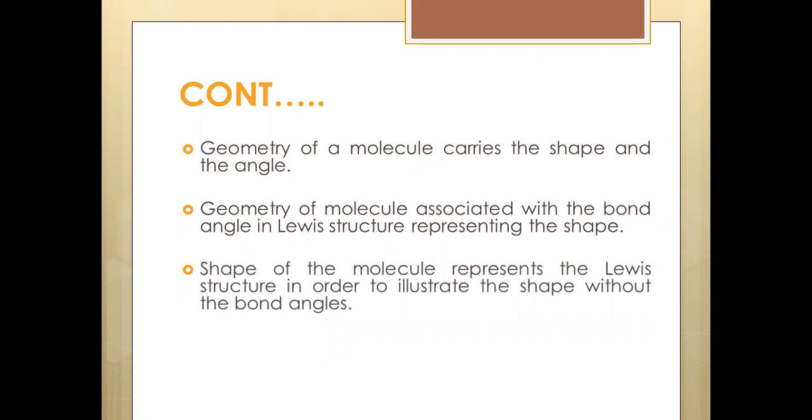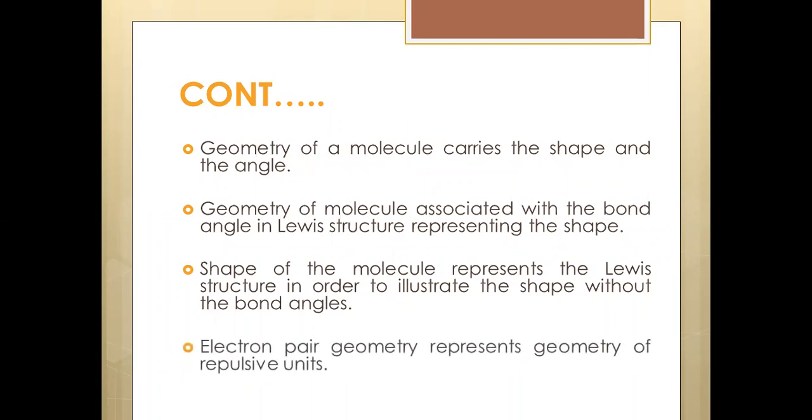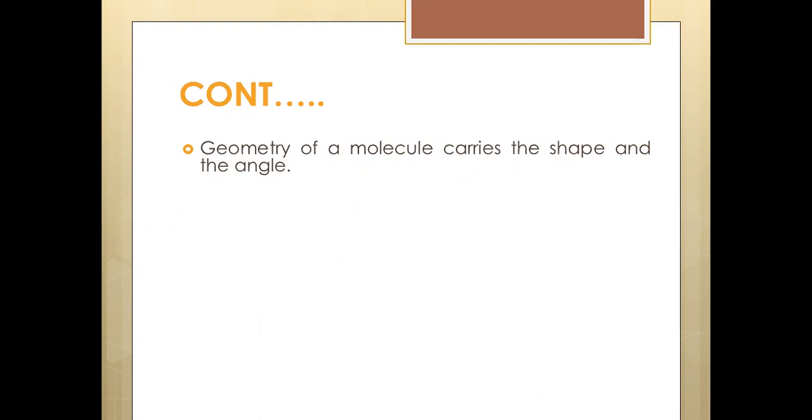The shape of the molecule represents the Lewis structure in order to illustrate the shape without the bond angle. Electron pair geometry represents the geometry of repulsion. So again, the geometry of a molecule carries a shape and the angle. When you speak about linear, you have 180 degrees.